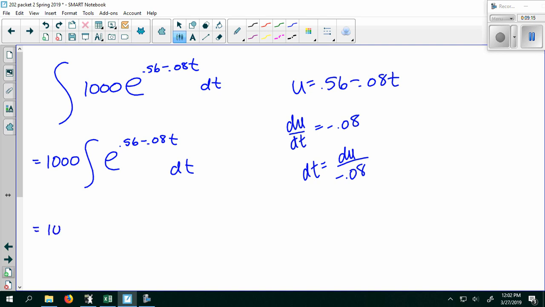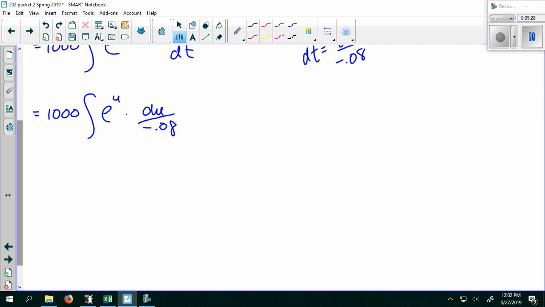So this is 1,000 times the antiderivative of e to the u. And then instead of dt, I have du over negative 0.08. Pull that 1 over negative 0.08 out of the integral, 1,000 divided by negative 0.08, times the integral of e to the u du.